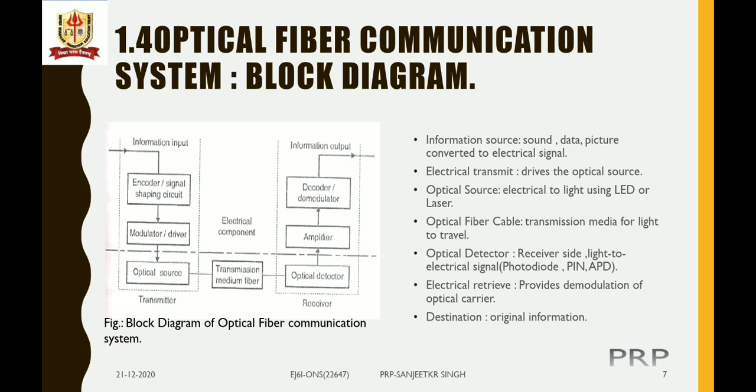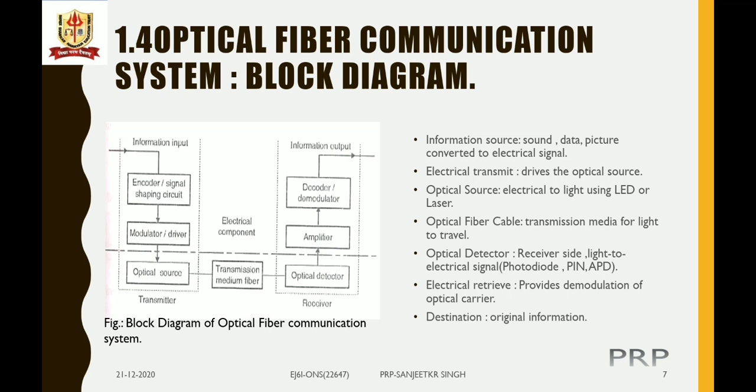For that, photoconductors, not photodiode, photoconductors are used, and pin diodes, avalanche photodiode, these are the devices used, out of which avalanche photodiode is faster than the other two and more sensitive. Pin diode is also sensitive, as it is reverse biased, and light is allowed to fall on the intrinsic layer in between.